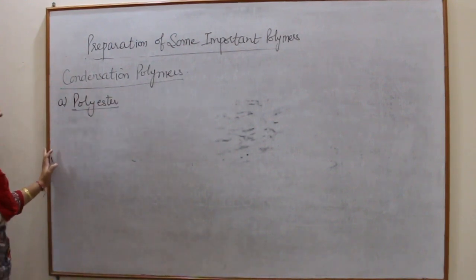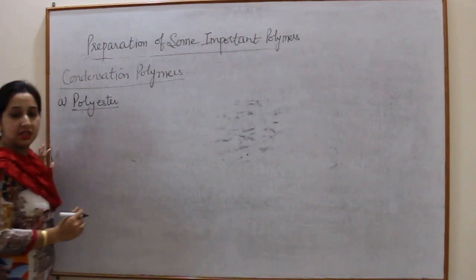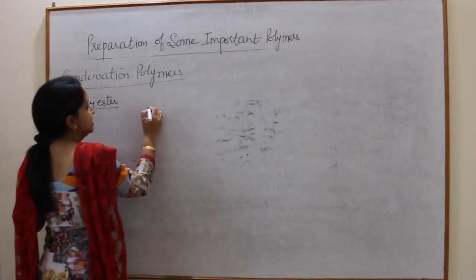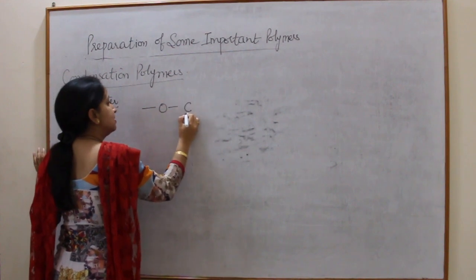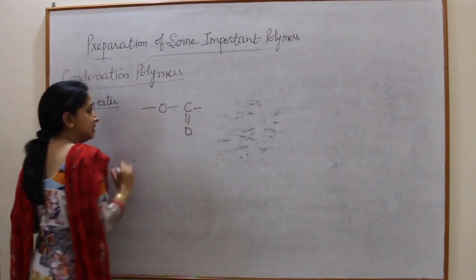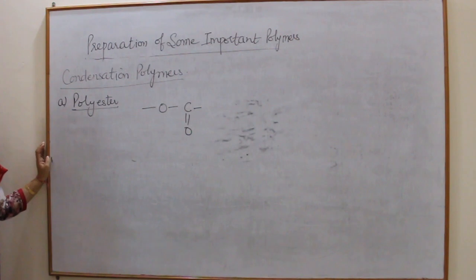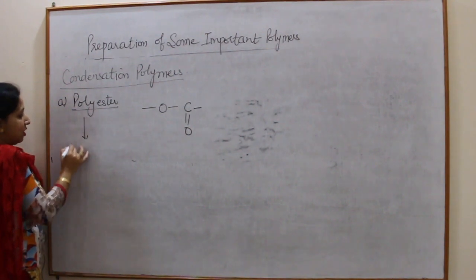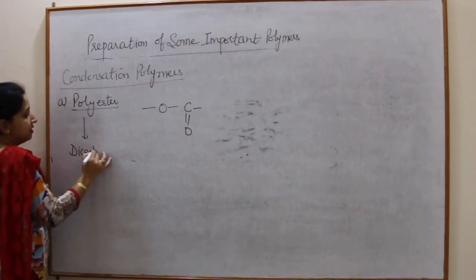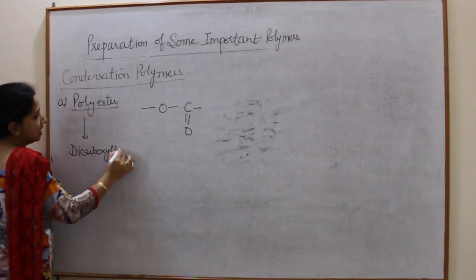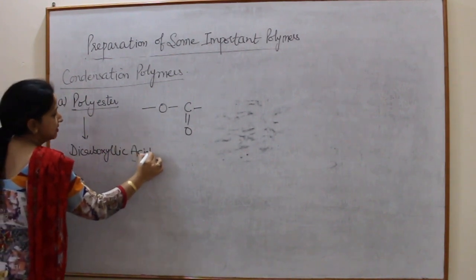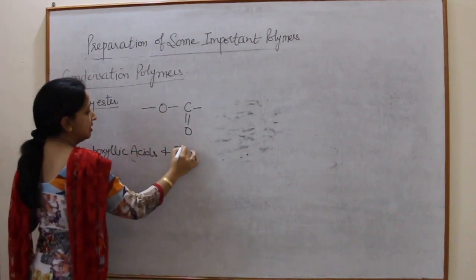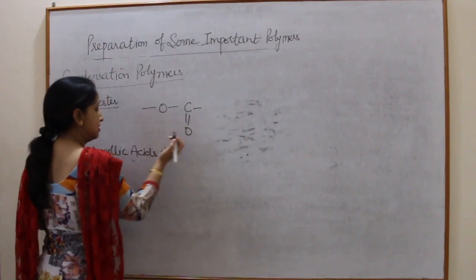Polyester means they contain ester type linkage. Ester type linkage means this linkage. This is known as your ester linkage, and they are prepared by the combinations of dicarboxylic acids and diols.